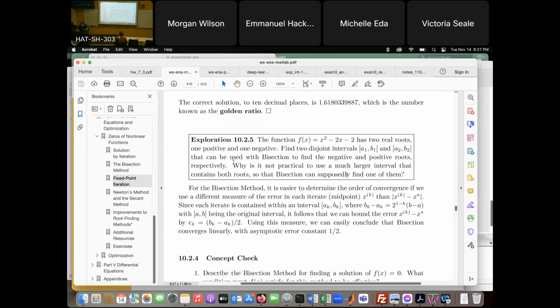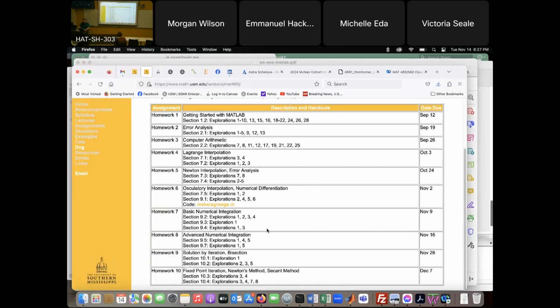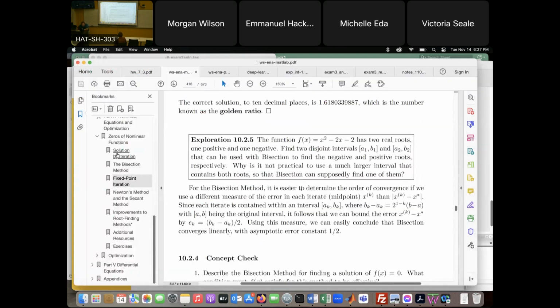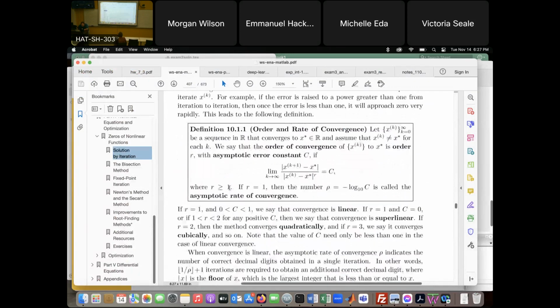And then why use those instead of one larger interval? So that's what's assigned for explorations for this section. And I think I assigned something from 10.1 that's about root finding in general.